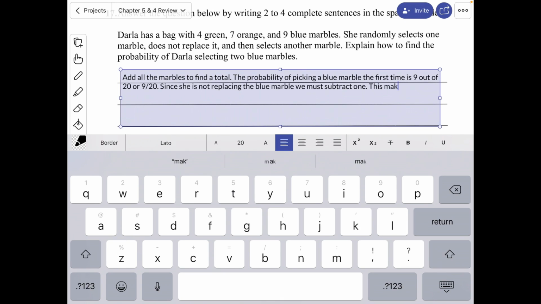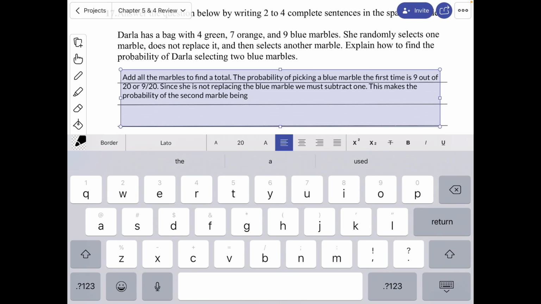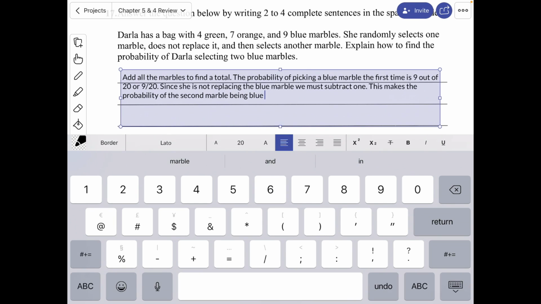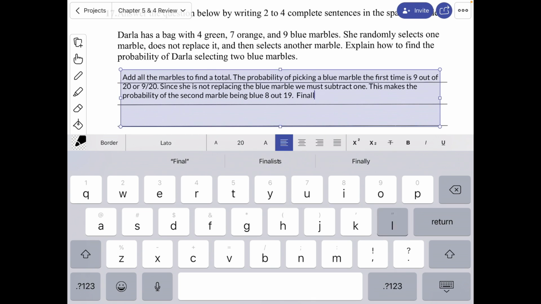This makes the probability of the second marble being blue 8 out of 19. Then we take those two fractions and multiply. So finally, multiply both fractions.